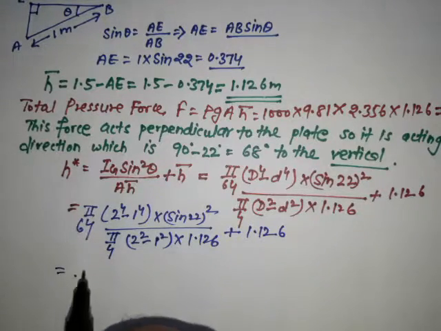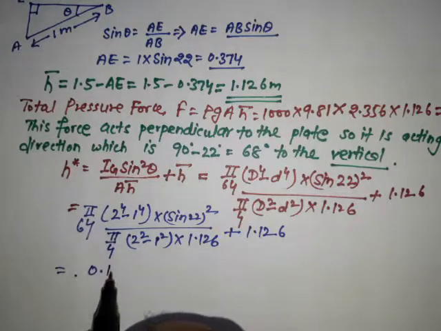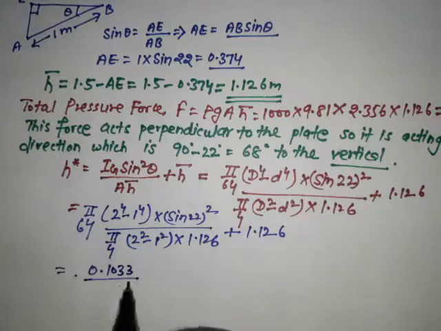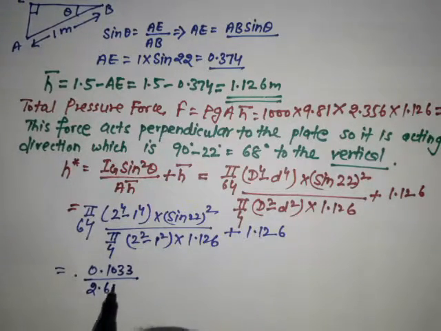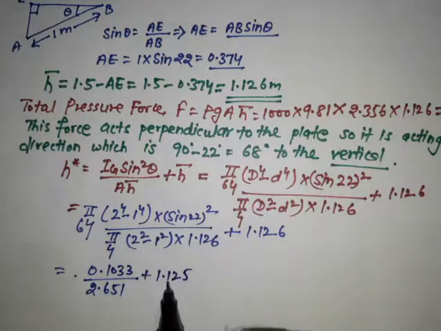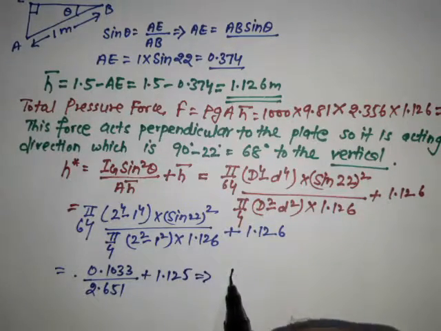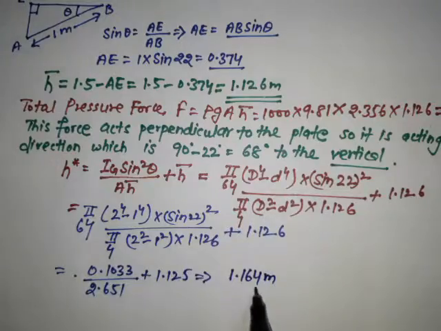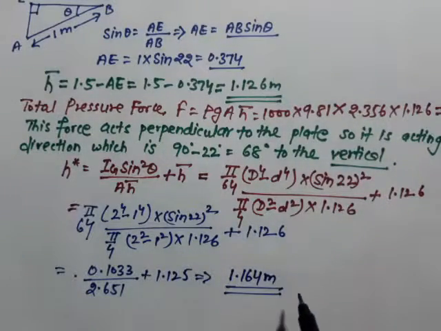So after calculating that, this ratio, that is 0.1033 upon 2.651 plus 1.125, and finally this is equal to 1.164 meter. So this is the value of H star.